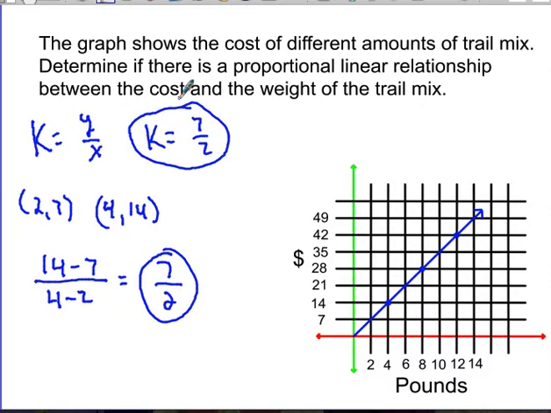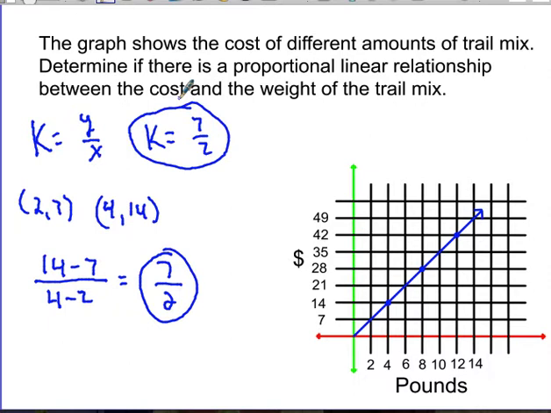Here's the deal. There is a special type of linear function that goes through the origin. It is called a, what was the title of your lesson? Constant rate of change and direct variation. Okay, direct variation equations, or direct variation functions, will always go through the origin, and they are always proportional.